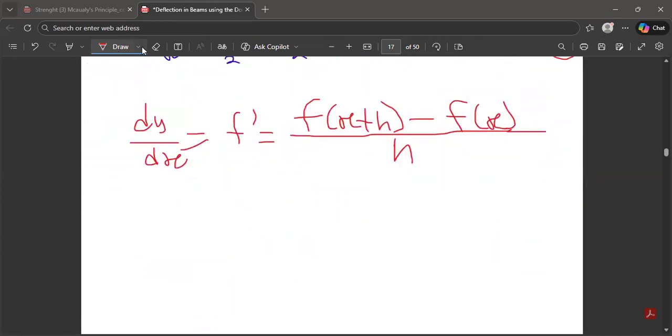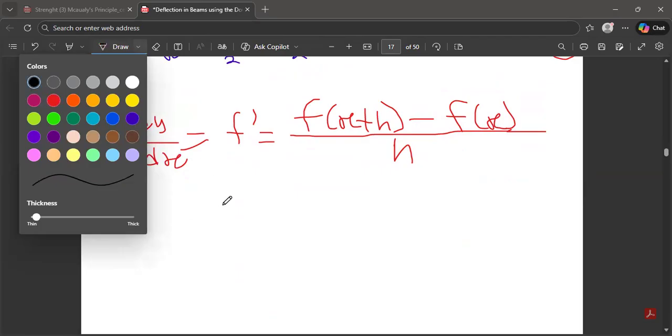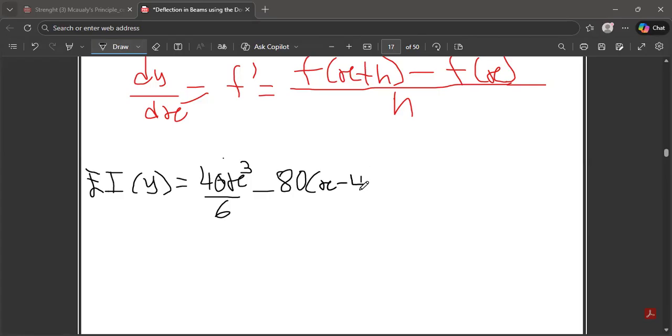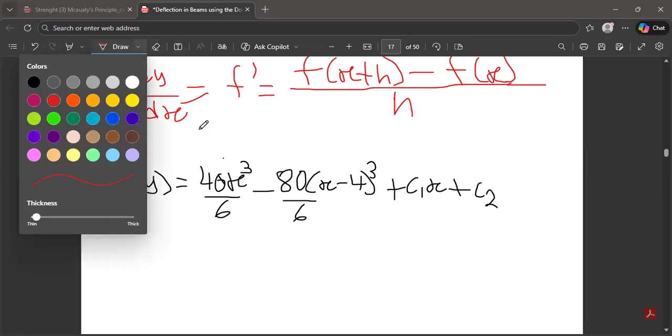For the deflection equation, which we all know, EI times y is 40x cubed all over 6, minus 80 into bracket (x minus 4) all exponent 3 all over 6, plus C1x plus C2.